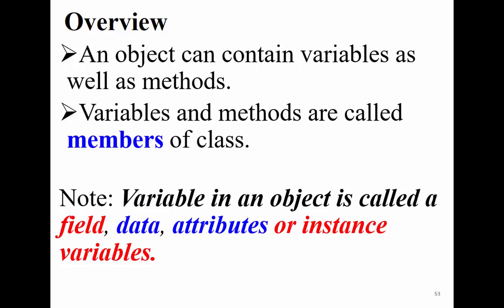So if you go to some reference on the internet, or some reference in the library or go to the textbook, the fields, data, attributes, instance variable, they are all the same thing. Okay? Methods, we only talk about as a method or behaviors. Okay? But methods and variables together, we call them members of the class.